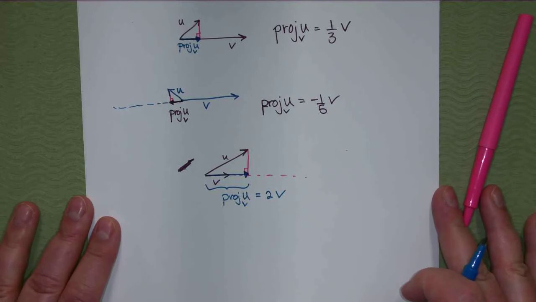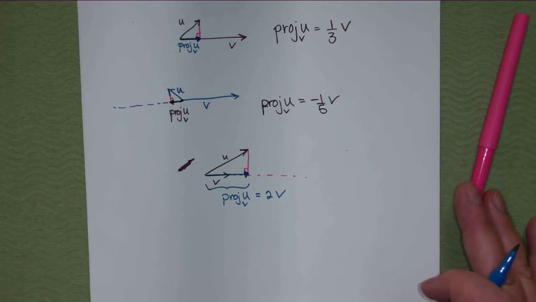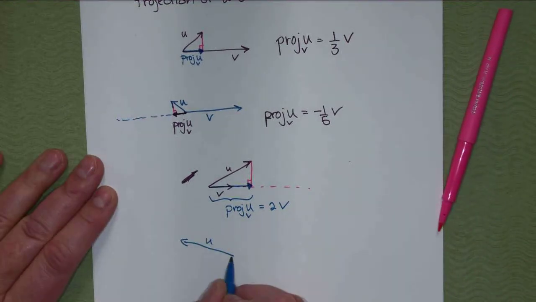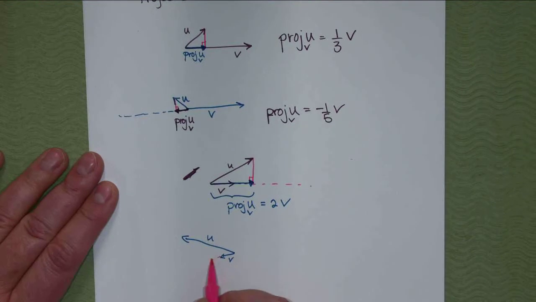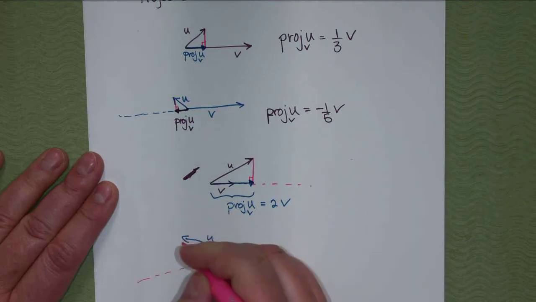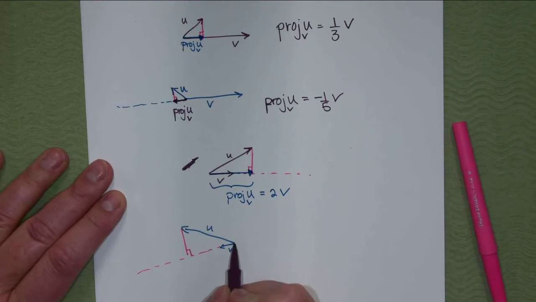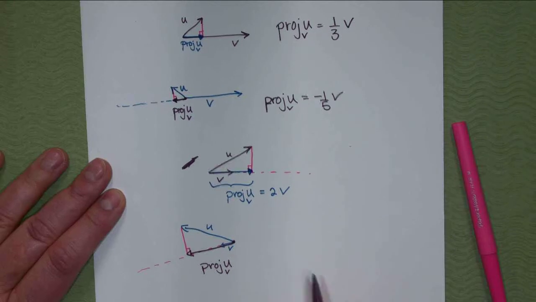Okay, and we could have a longer vector in the opposite direction too if it was negative. All right, so if you had something like this, U and V was just short, and our projection goes from here all the way to here. So our projection of U onto, oh, I made it the same direction.